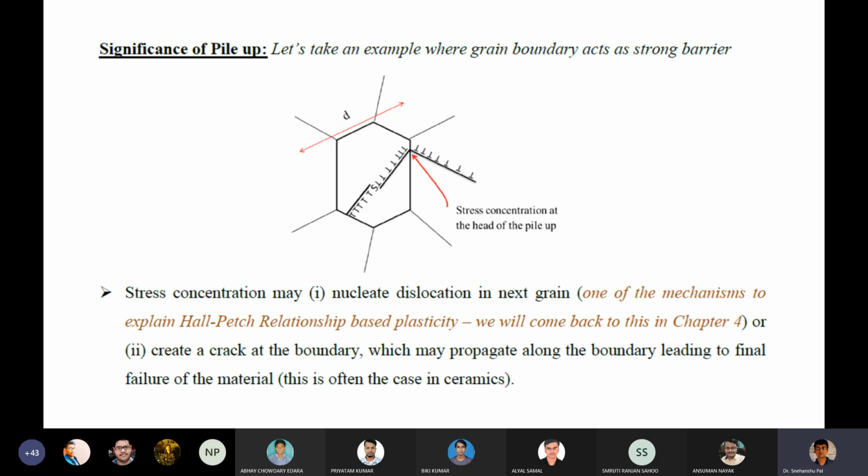So if you increase the grain boundary volume fraction, you are enhancing the possibility of pile-up of dislocations, and that in turn enhances the stress required to deform the material. That is why it can be directly related to the strength and yield strength of a material, and that is represented by the Hall-Petch relationship.